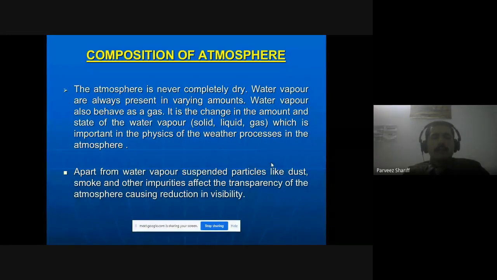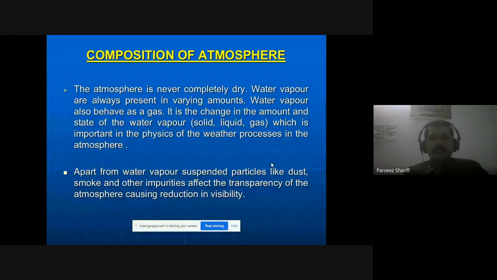So the atmosphere can never be completely dry. There will always be water particles or water vapor in the air, and these water vapors can be in the form of solid, liquid or gases.